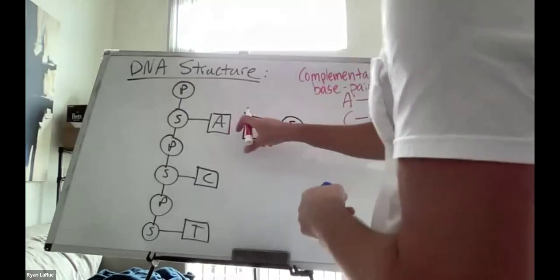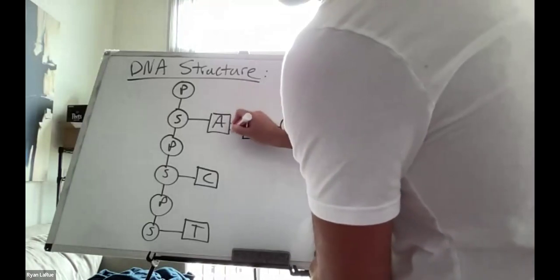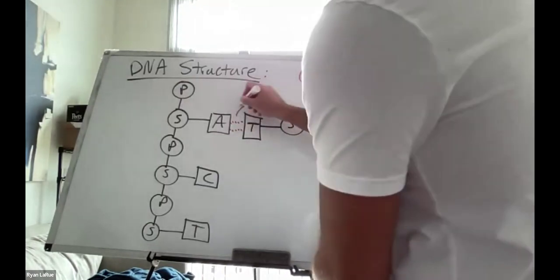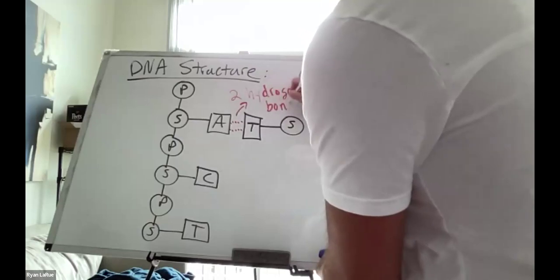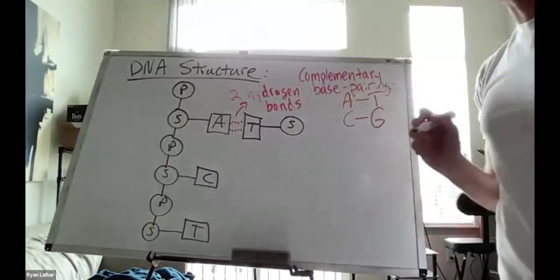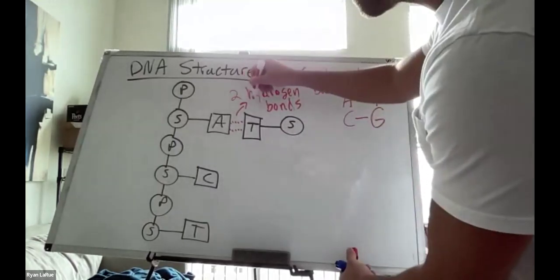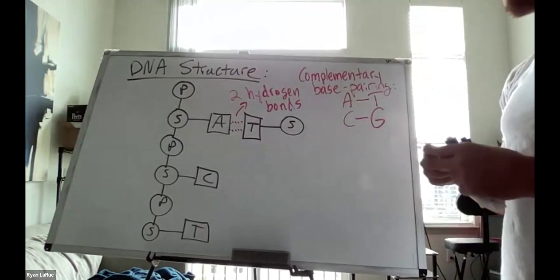And specifically between A's and T's, there's going to be two, and remember we represent them with dashed lines, two hydrogen bonds that form between A's and T's. Sorry, that looks faded. Okay, two hydrogen bonds.